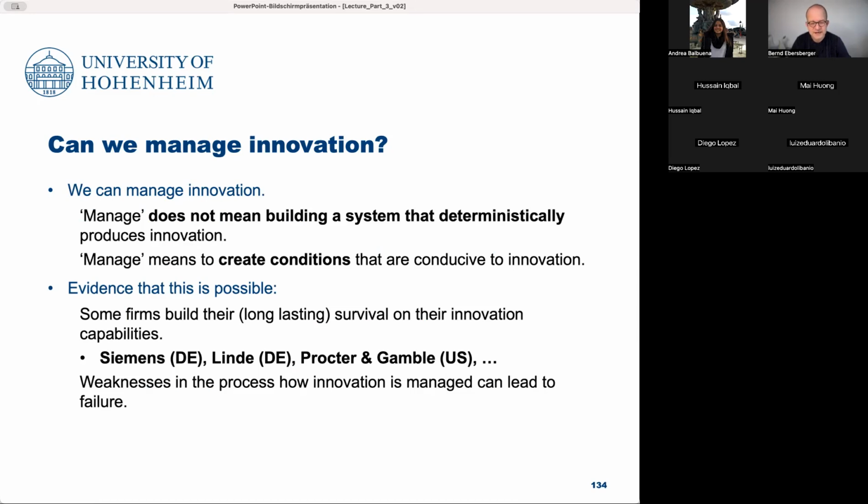Linde started as a company building industrial refrigeration processes, and for the last 50, 60 years they've been into industrial engineering and gases. If you need hydrogen for whatever reason, you go to Linde and they provide you with a process.